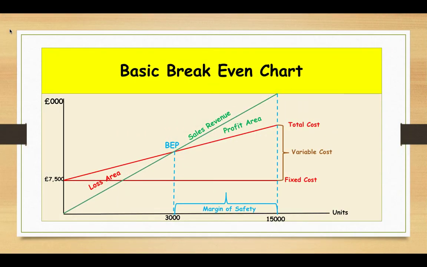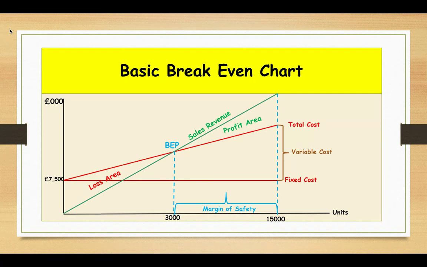We are going to see the basic break-even chart. So we can see the sales revenue line, total cost line, fixed cost line. So the difference between the total cost and the fixed cost is our variable cost. And we can see the break-even point, 3,000 units, and the maximum units we can sell from the graph is 15,000 units.